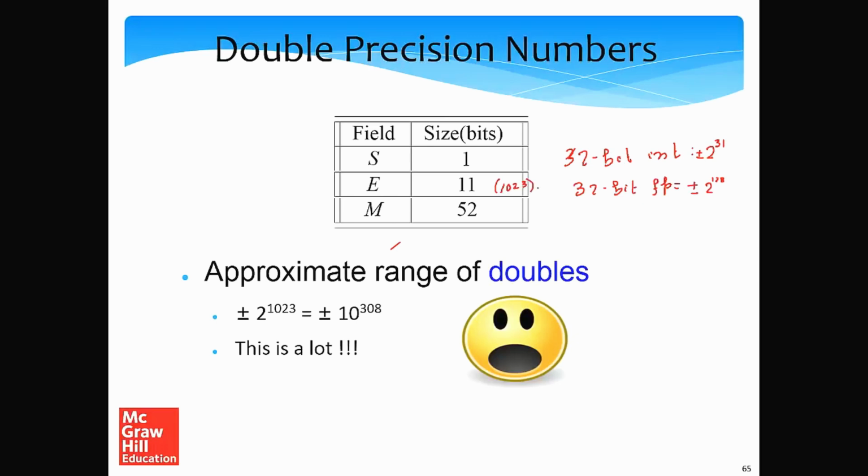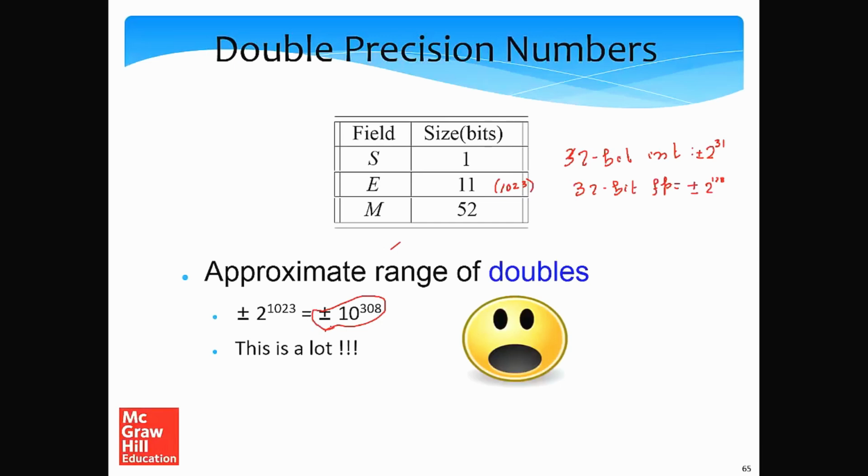And we can cover a much larger range of numbers, from minus 1023 till plus 1023. And so the range is typically plus or minus 10 to the power 308, which is a fairly large range, and we would typically not need more than this for most of our calculations.